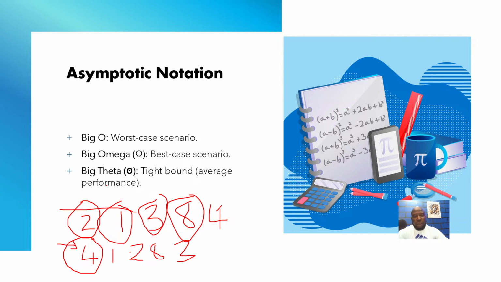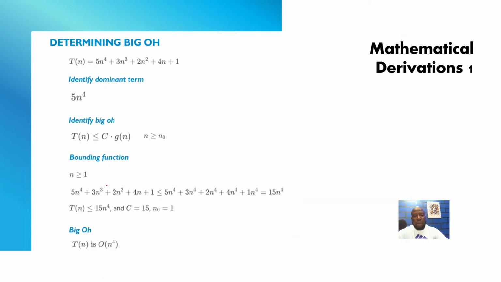So now let's look at the mathematical derivation of the big O. Imagine you have a function like this, and in this function, this is the time, and this n is the number of inputs. And this function is represented in this form: 5n raised to the power 4 plus 3n raised to the power 3, then 2n raised to the power 2 plus 4n plus 1.